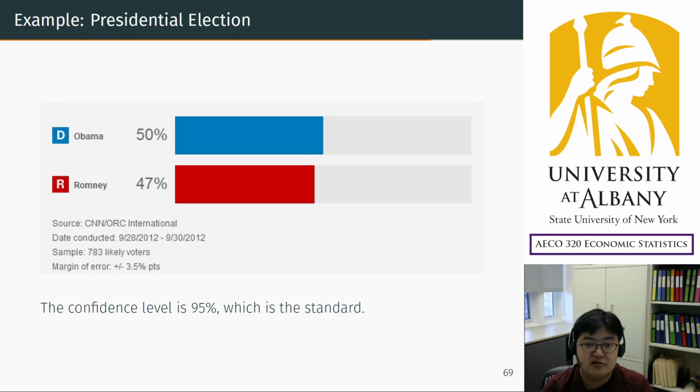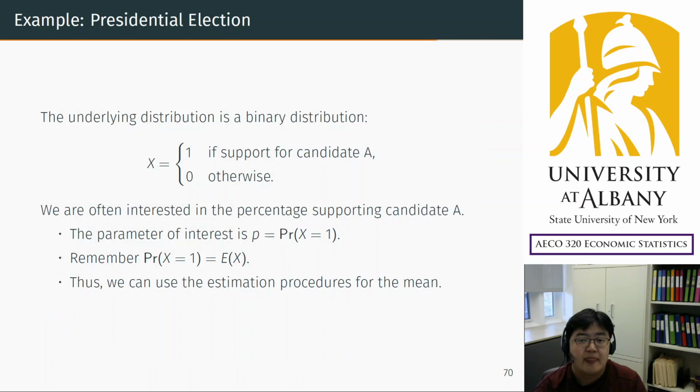It's basically the same structure, but it has an additional structure of binary distribution. So I will show you how the same idea can be applied in that special case.